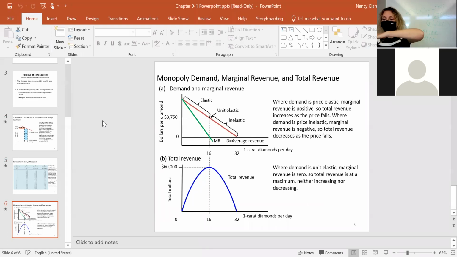Those used to all be stacked together in that perfectly horizontal line. We had demand, we had average revenue, and we had marginal revenue, and they were all stacked together on that horizontal line. This is what that looks like now. Now we have a downward sloping demand curve, which is also our average revenue, but our marginal revenue found itself a new curve, a new line, okay?